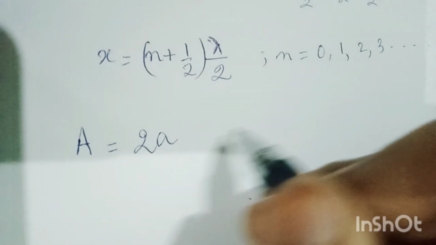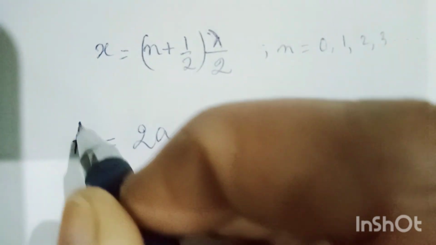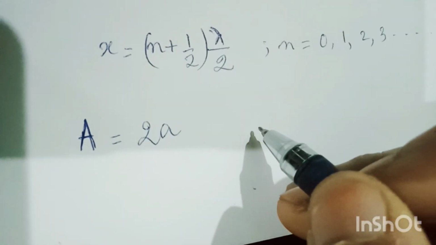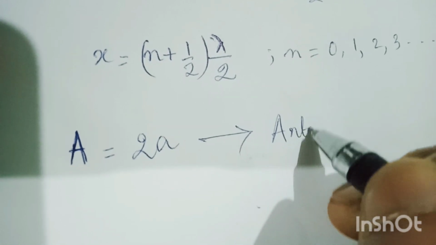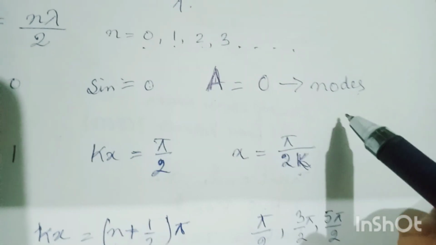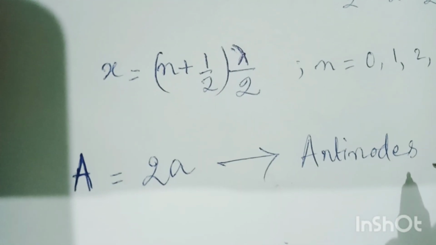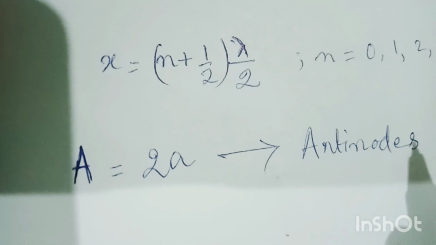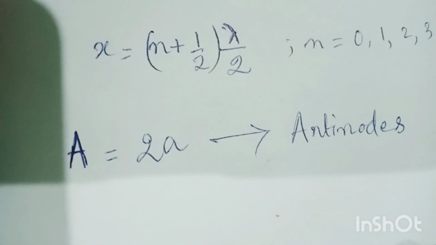The position at which we get this amplitude value, we call an antinode. Where the amplitude is 0, we call that position a node, and the position at which the amplitude is not equal to 0, it has some value or maximum value, we call an antinode.